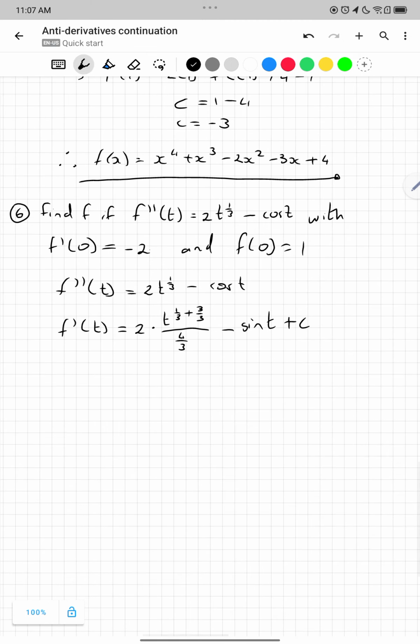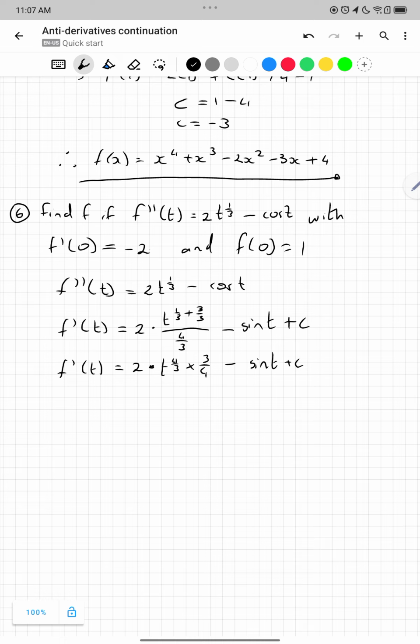And so let's write this prettier, make it beautiful. f prime of t is equal to 2 times t to the 4th over 3 divided by 4 over 3, so times 3 over 4, minus sine t plus c.